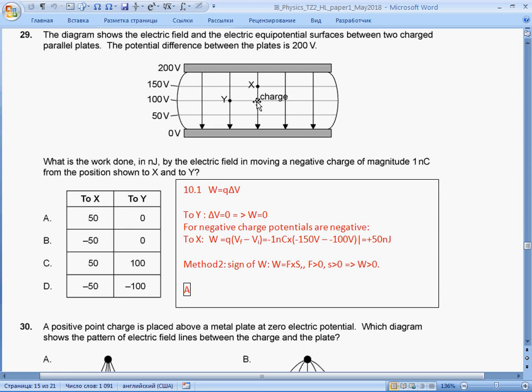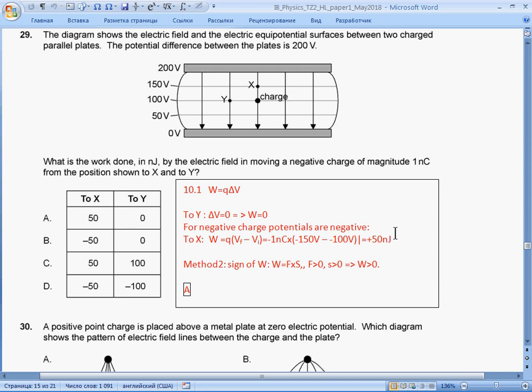Because moving along an equal potential doesn't change potential, work is 0. Moving from here, 100, actually for a negative charge it will be minus 100. Here 150 will be minus 150. We substitute values and we get positive 50 nanojoules.